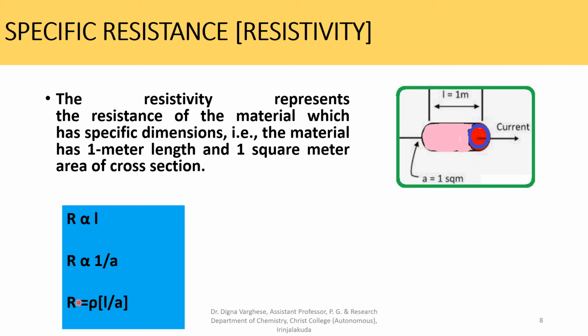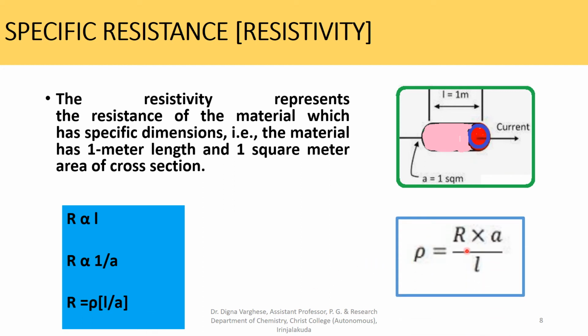From this, resistivity we can calculate as rho is equal to R into A by L. Specific resistance is defined as the resistance in ohms of a conductor of unit meter length and unit area of cross section. So the unit of resistivity is ohm meter.